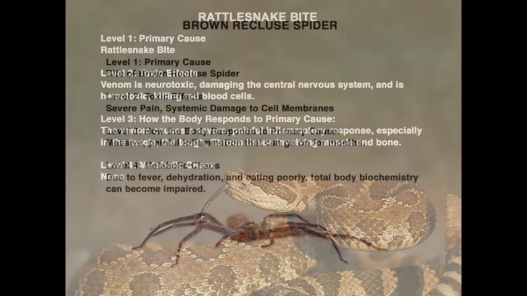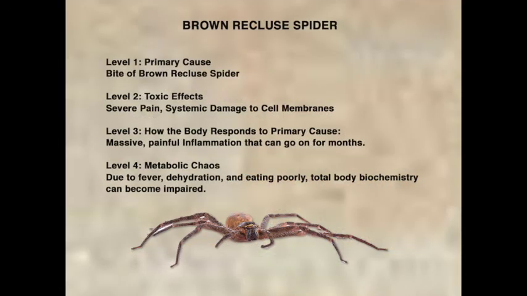Next, we look at the bite of a brown recluse spider, which involves Levels 1, 2, 3, and 4. Level 1, the primary cause, is the bite of a brown recluse spider. Level 2, the toxic effects include severe pain, a blackened bite area, and sometimes systemic toxicity that damages cell membranes.